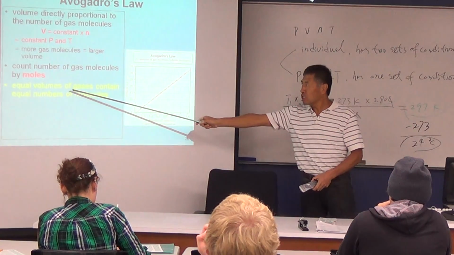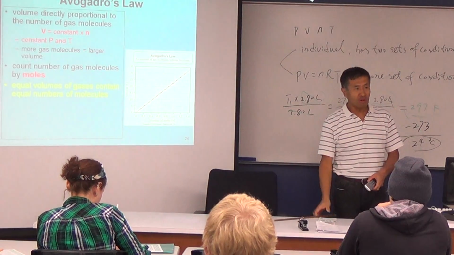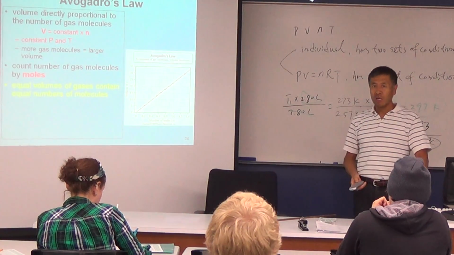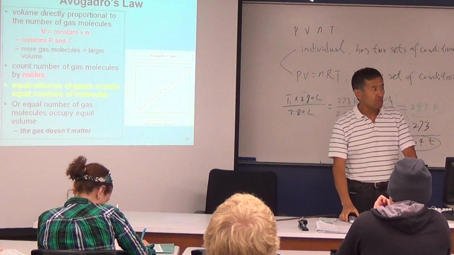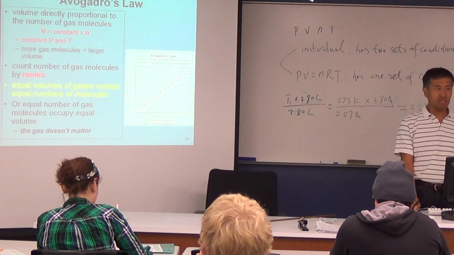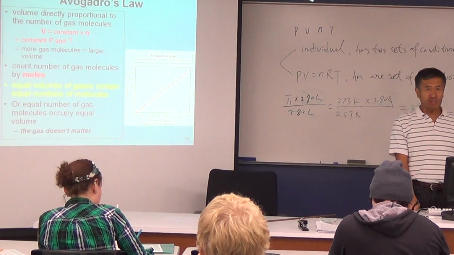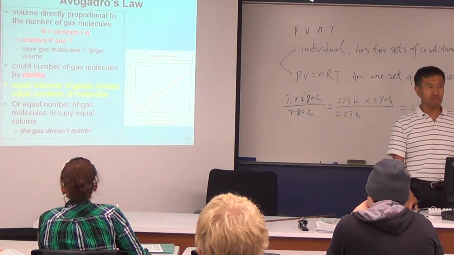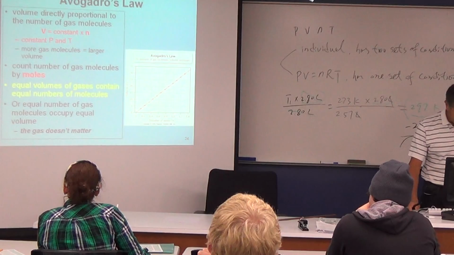He found out equal volumes of gases contain an equal number of molecules. So therefore, the number of molecules in one mole is named after him, though not really, he found that number. So when you keep the temperature and pressure constant, the volume of the gas is directly proportional to n. If n increases, your volume increases, which makes sense. If you put more gas in, for example, a balloon, and keep the pressure and temperature constant, your balloon volume gets larger.